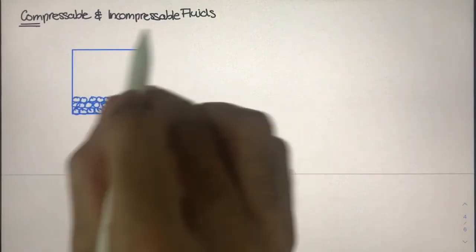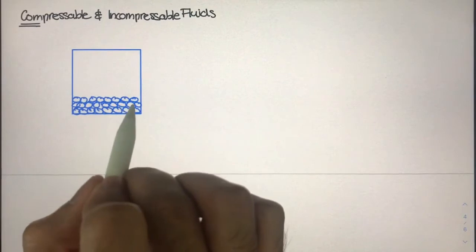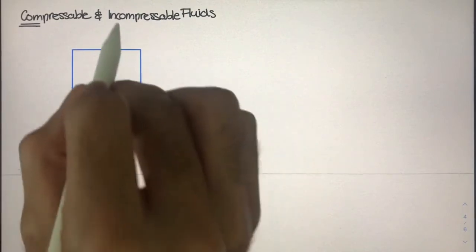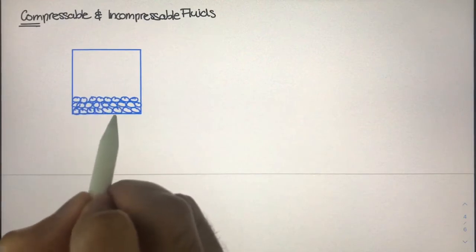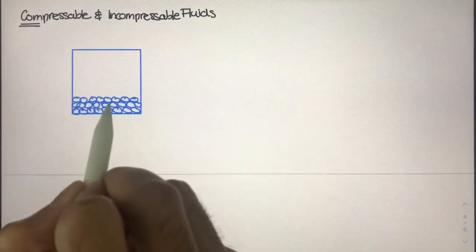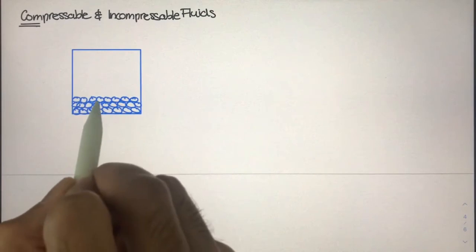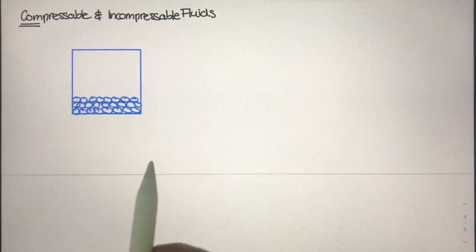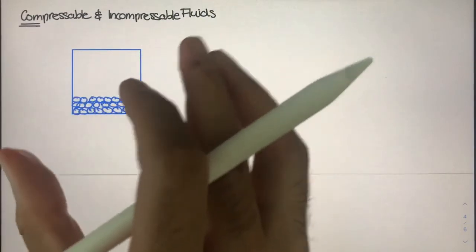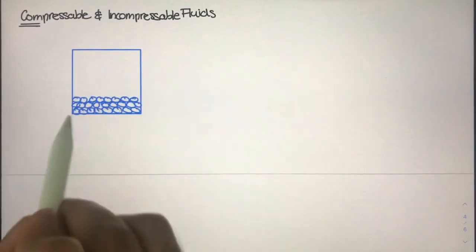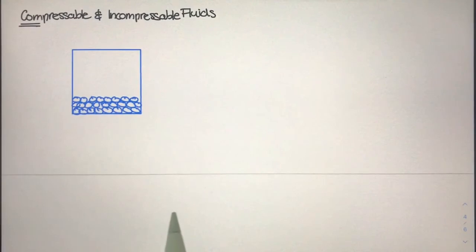The reason we call fluids, or more specifically liquids, incompressible fluids is because each of these water molecules are closely packed to one another. In other words, there's hardly any space left between each of these molecules. If you were to come into this container and try to squeeze the water molecules even closer together, you could not do so.